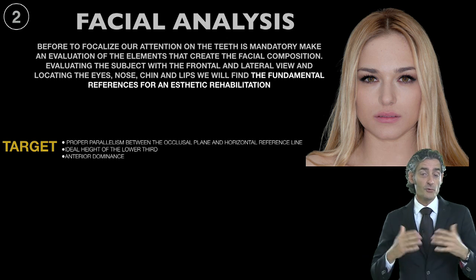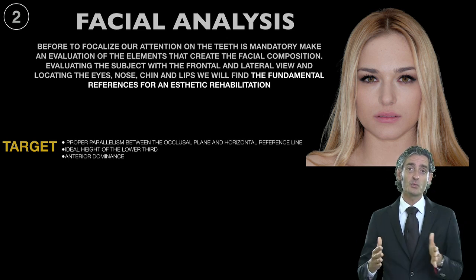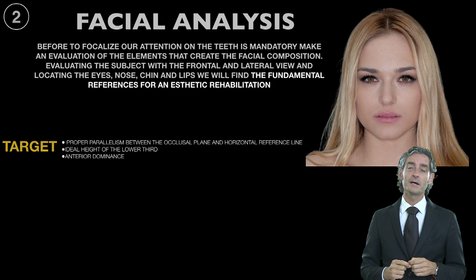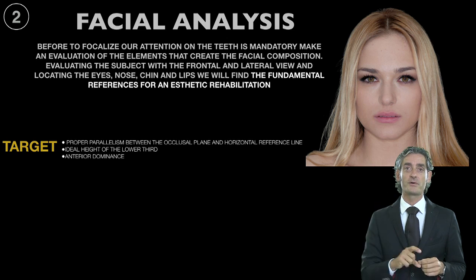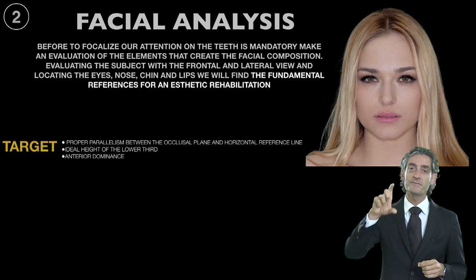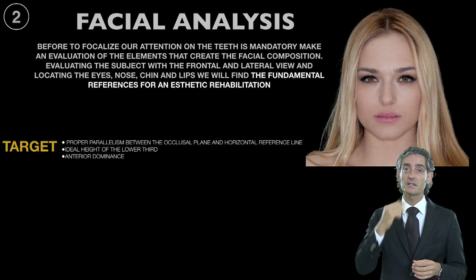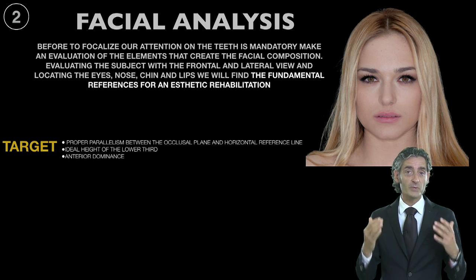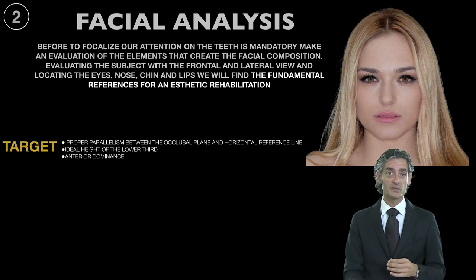And for sure, in the facial analysis, we have to evaluate the dimension of the lower third of the face, so recreate the vertical dimension of the face. The lower third of the face is a really important matter for us when we speak about aesthetics.